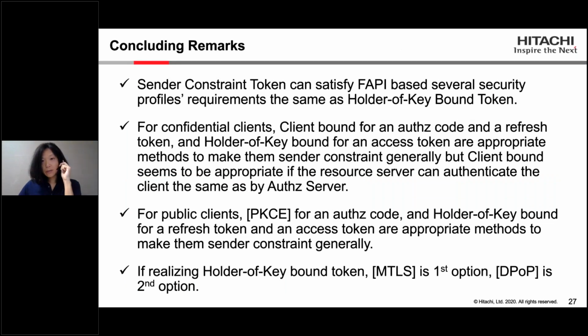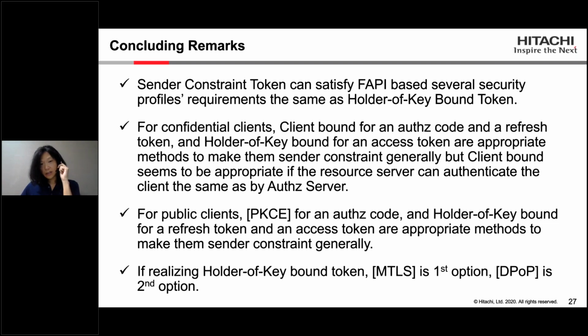In this talk today, I've talked at first about holder-of-key bound tokens, and after that, I've introduced the sender constraint token concept as an alternative to the holder-of-key bound token concept. Both can prevent improper resource access by malicious entities who can hold or steal others' tokens. Such characteristics might be required by OAuth-based security profiles.